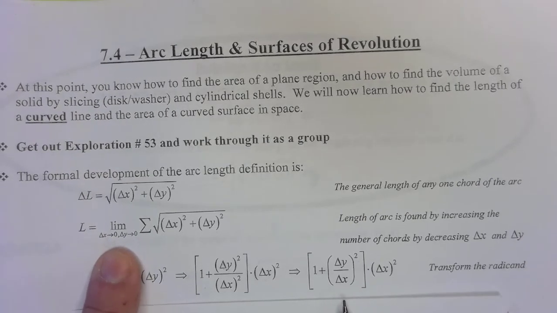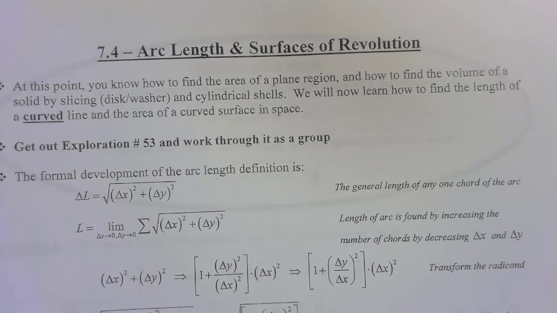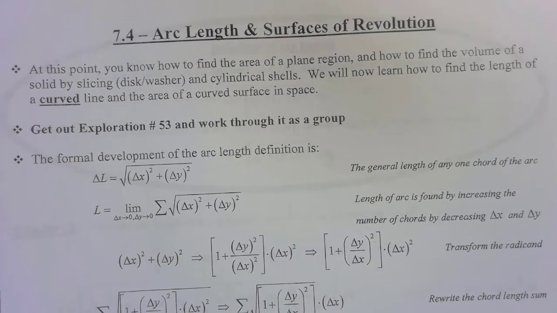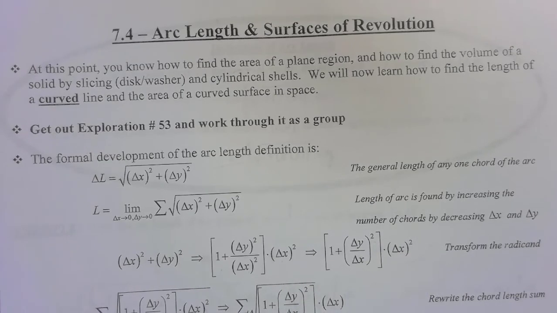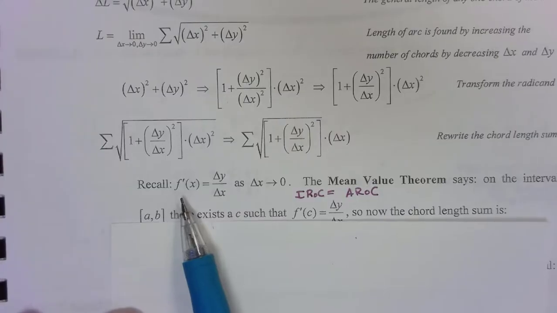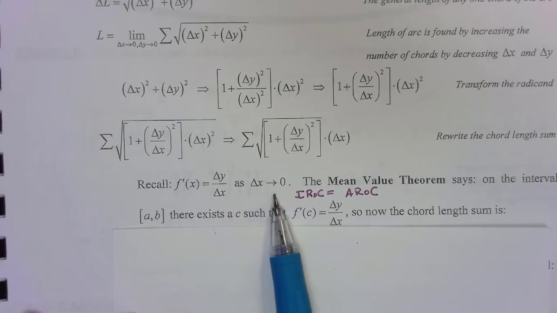As the limit goes to 0, that becomes a derivative. So if we take our sum and we look at this transformed radicand, notice that the delta x can come out. We know that f prime of x equals delta y over delta x as delta x goes to 0.